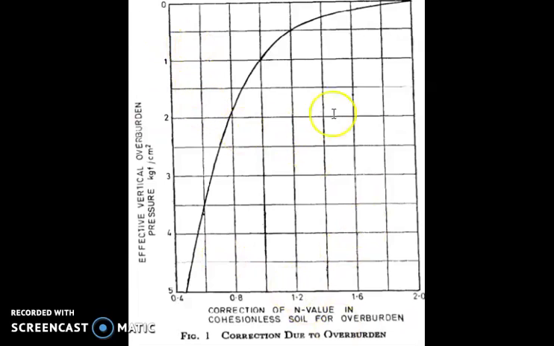Now let's go back to this particular chart and have a look at this line. At 1 kgf per centimeter square, what is your correction factor? It's 1. At half kgf per centimeter square, your correction factor is 1.2.